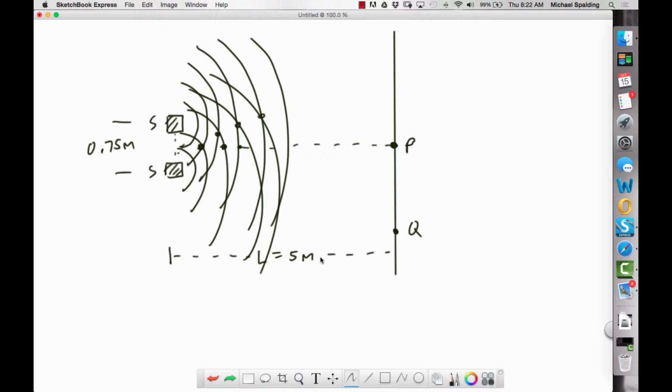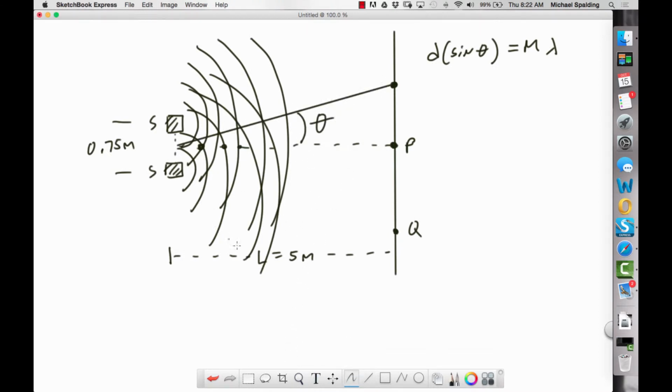The equation that applies here is d sine theta equals m lambda. For small angles, if you're focusing on a point right here, theta is the angle from the center line.